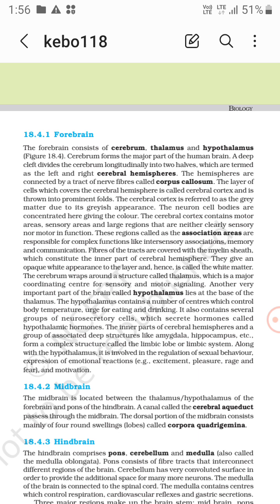The cerebral cortex contains motor areas, sensory areas, and large regions that are neither clearly sensory nor motor in function.